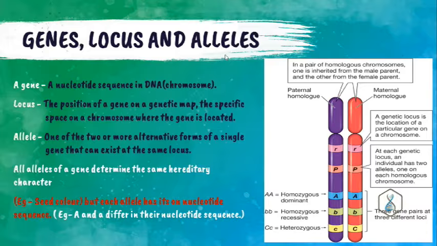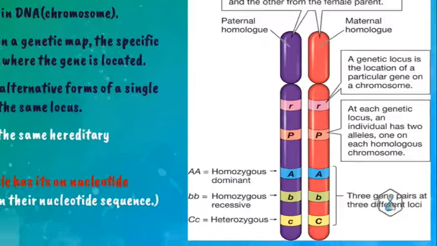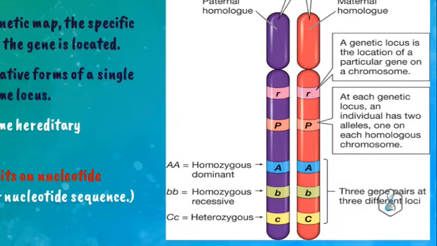This picture represents a homologous chromosome pair, that is, one from father and one from mother. Here, the colors pink, orange, blue, green, yellow represent the gene loci, and small r, capital P, capital P, capital A, small b, small c, and capital C represent the allelic composition present at specific gene loci.